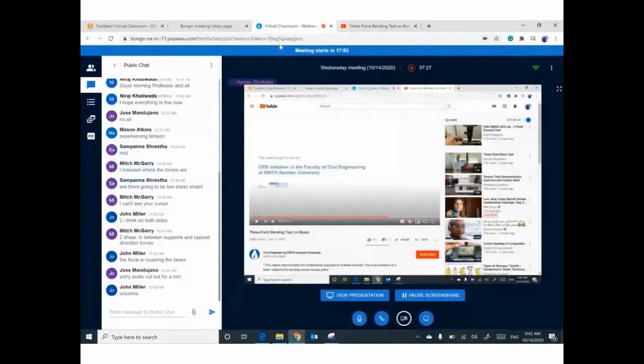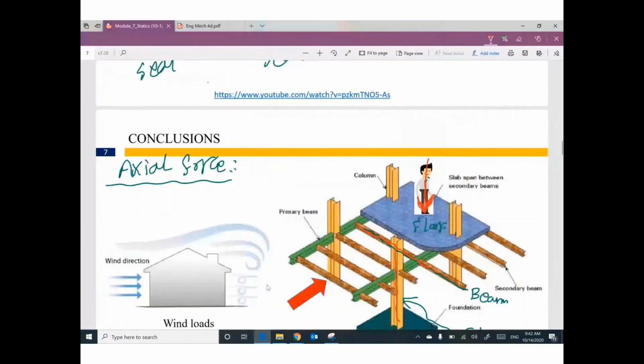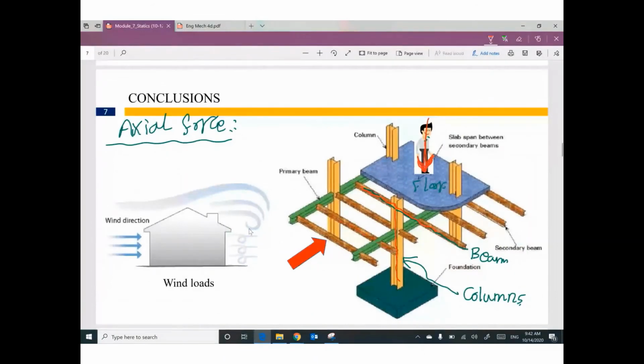Thank you. So at this moment, based on your location in the building, in your apartment, you are making axial force on the columns. Why? Because your force is parallel to this column. So axial force exists.